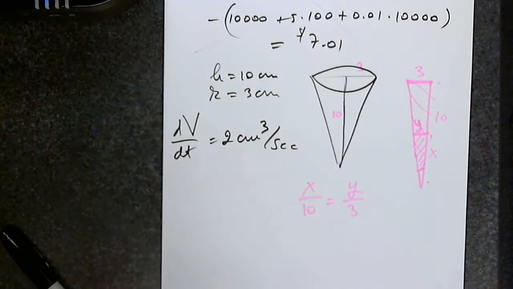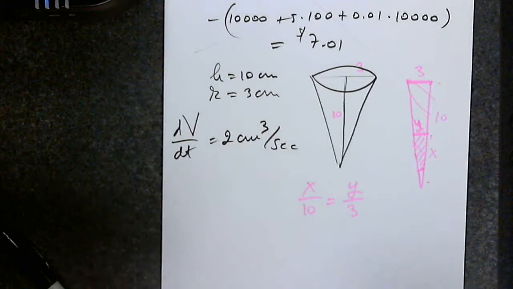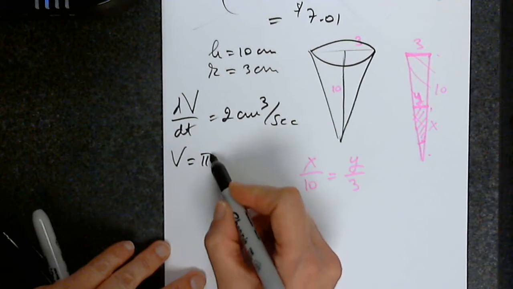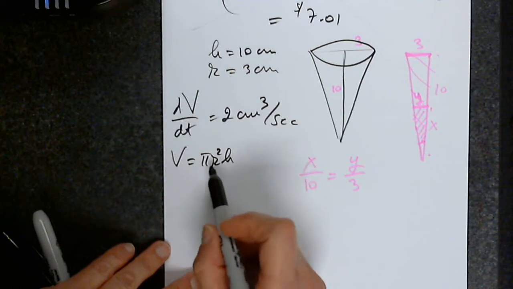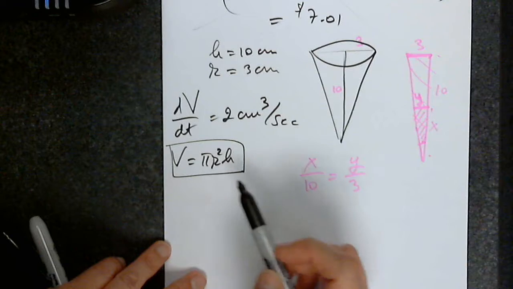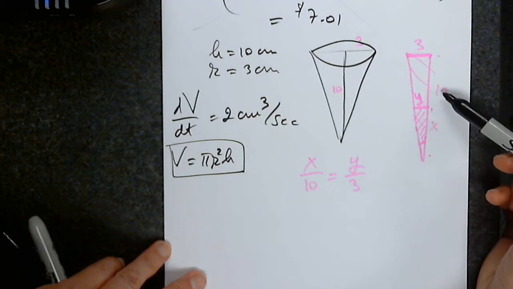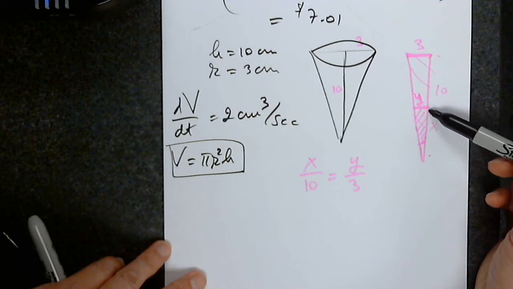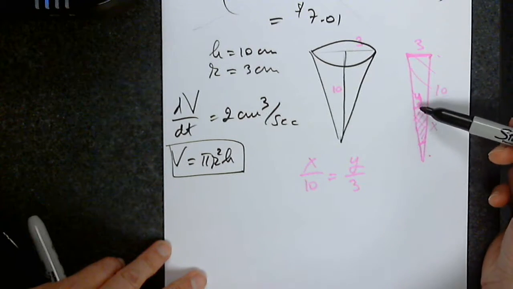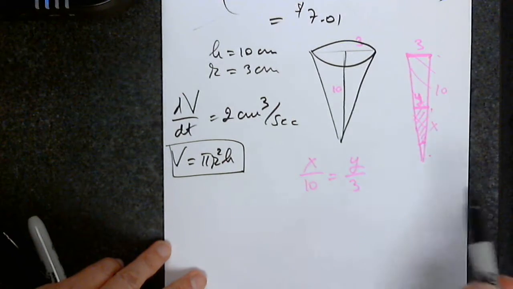So I have to determine the volume. The formula for the volume is the area of the base, pi r squared, times h. But I have to determine a function that depends on the amount of water that is increasing in this cone.